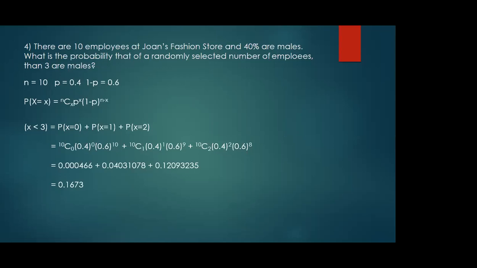Our probability statement or our function is probability that x is equal to n choose x times the probability of success raised to x times 1 minus the probability of success raised to n minus x. So we write our probability statement. The probability of x being less than 3 is equal to the probability that x is equal to 0 plus the probability that x is equal to 1 plus the probability that x is equal to 2.